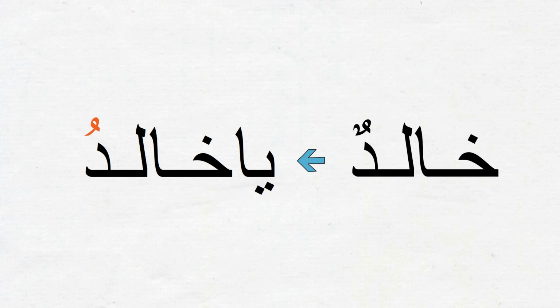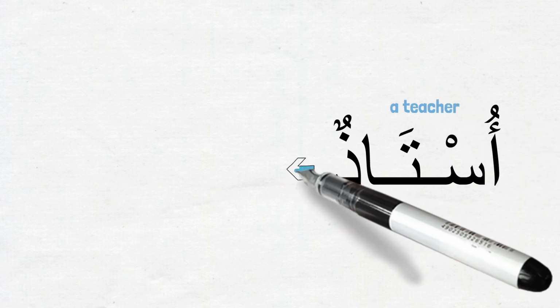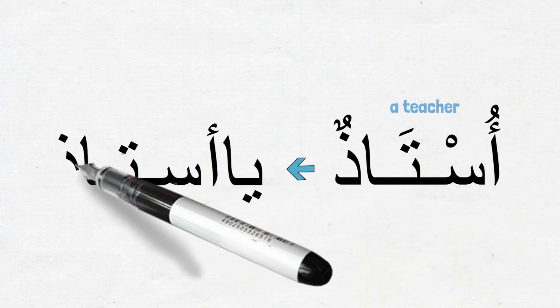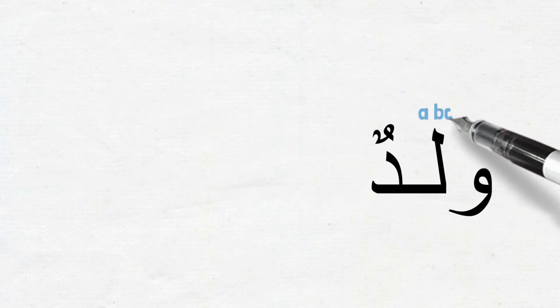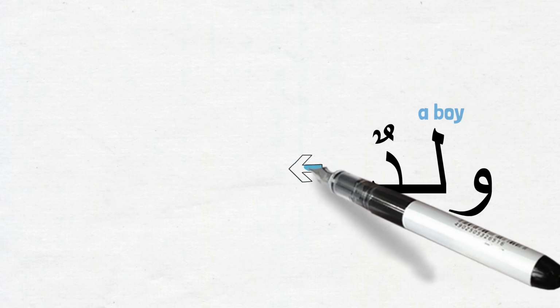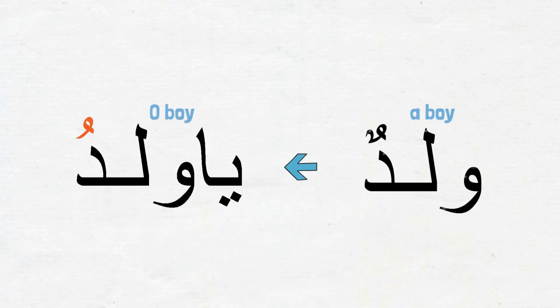This rule is not restricted to names only. Other types of ism with tanween ending get the same impact. For example, ustadun means a teacher, and when we bring in ya, it becomes ya ustadu. Waladun is a boy, and with the HARFU-NNIDAA, it will be ya waladu.